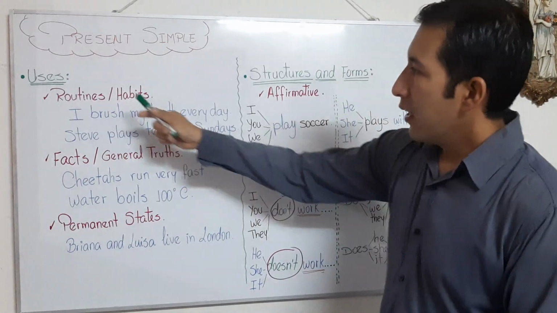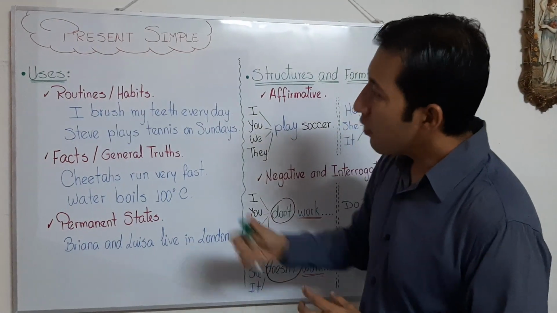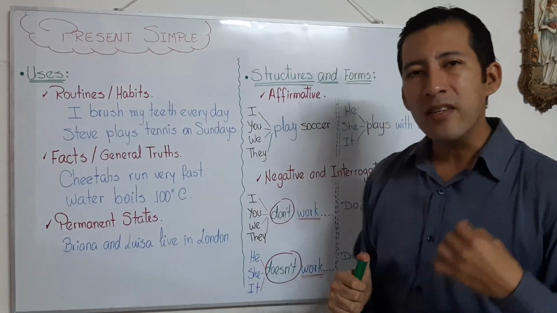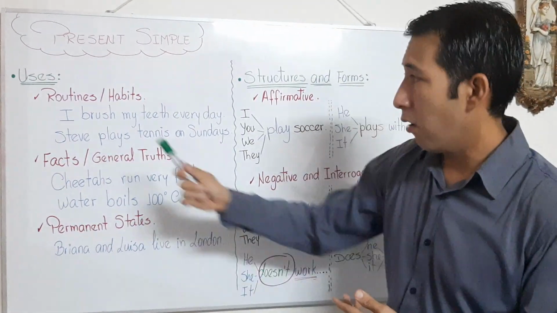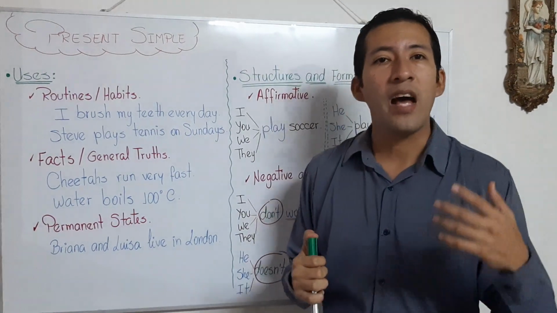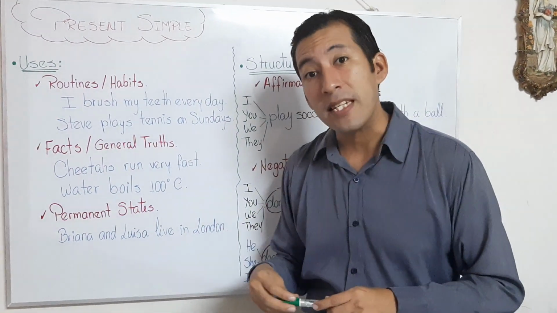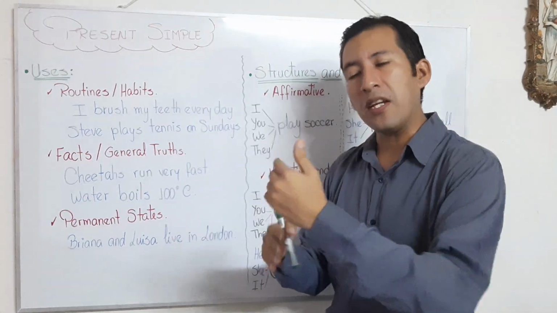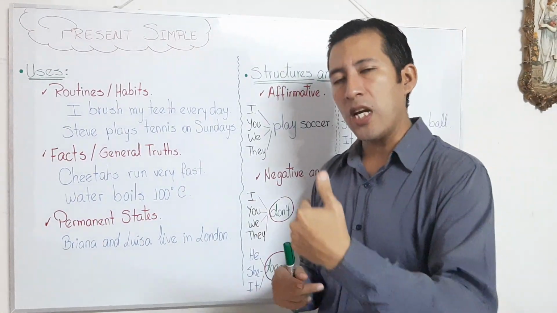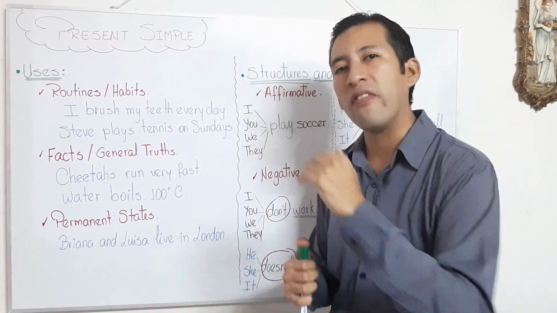Okay? Now, talking about routines and habits, what is a routine and what is a habit? What's the difference between both? Well, obviously, everybody knows that a routine is an activity which is done every day, Monday, Tuesday, Wednesday, until Sunday.